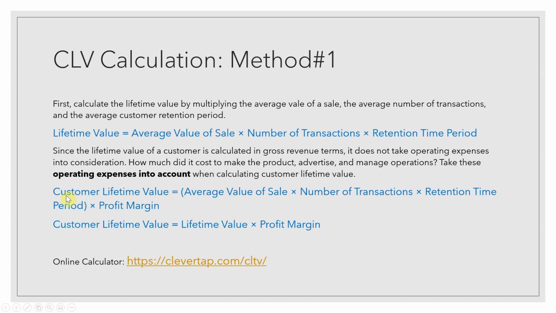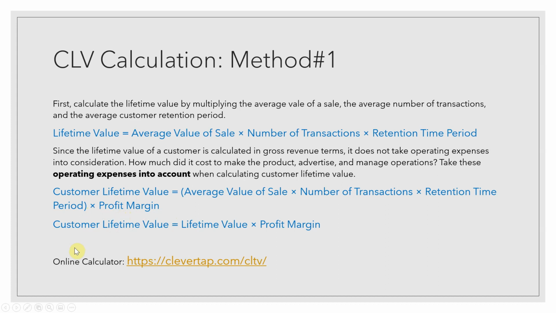So here, customer lifetime value is calculated by lifetime value multiplied by profit margin. Okay, so three factors in lifetime value, the multiplication, also multiplied by profit margin.